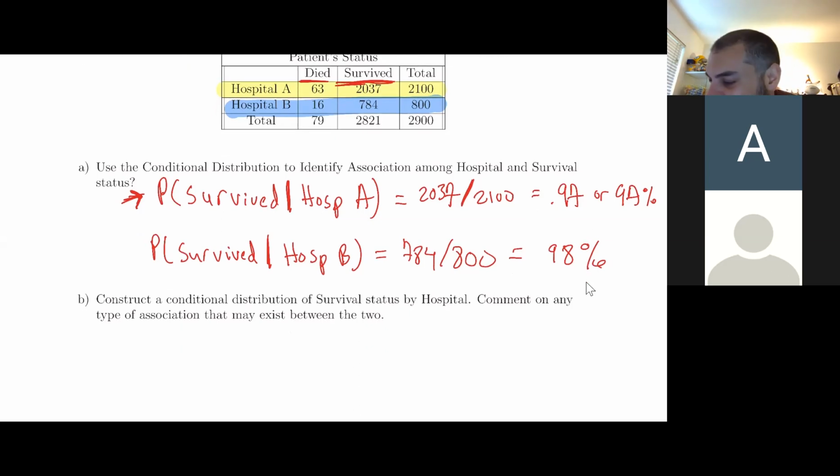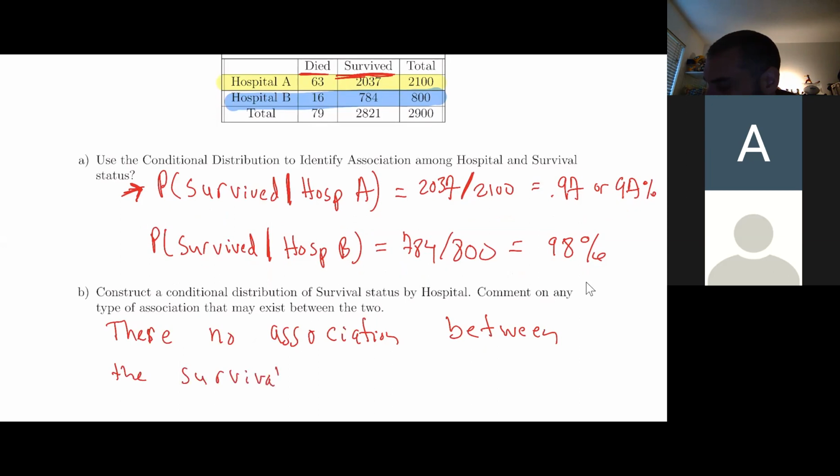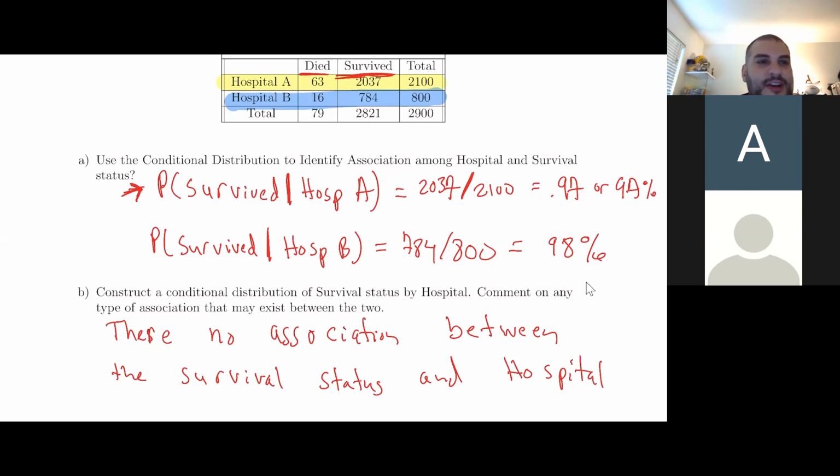So for this one, we'll say there's no association between the survival status and hospital, because both of the percentages are relatively the same.